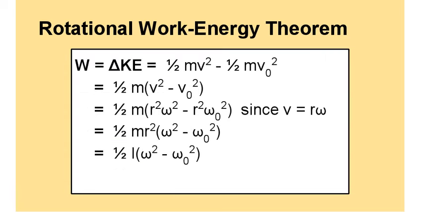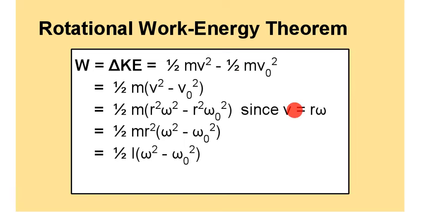Here is the work energy theorem, and I don't want to belabor this, but in chapter 7 we talked about the work energy theorem right there. Another way to write delta KE was 1/2 mv squared minus 1/2 mv naught squared. Right here I have a common factor of m, so we've pulled that out front.